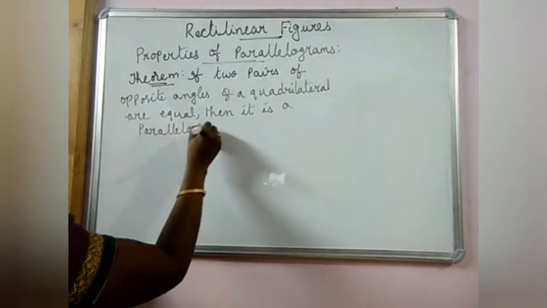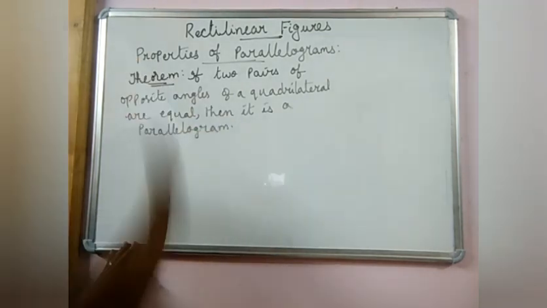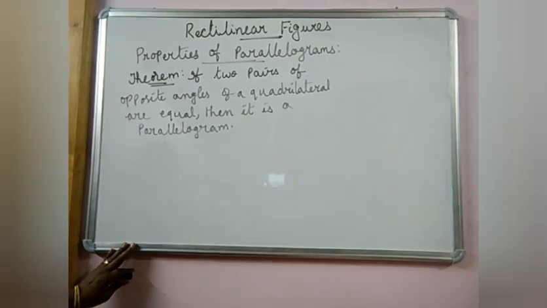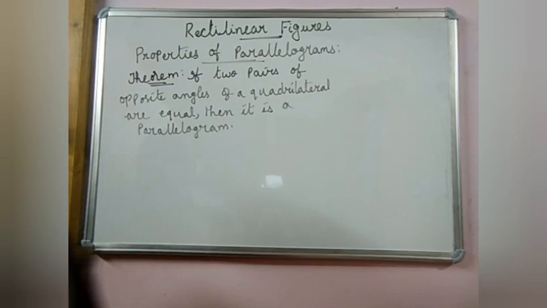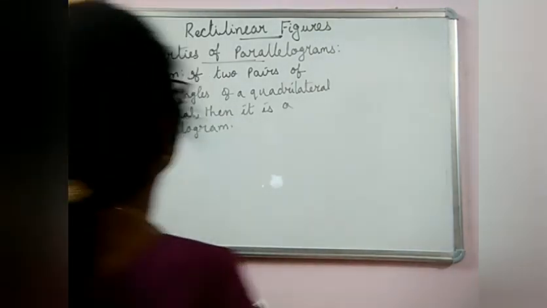That means if in a quadrilateral both the pairs of opposite angles are equal, then it is a parallelogram. Clear?